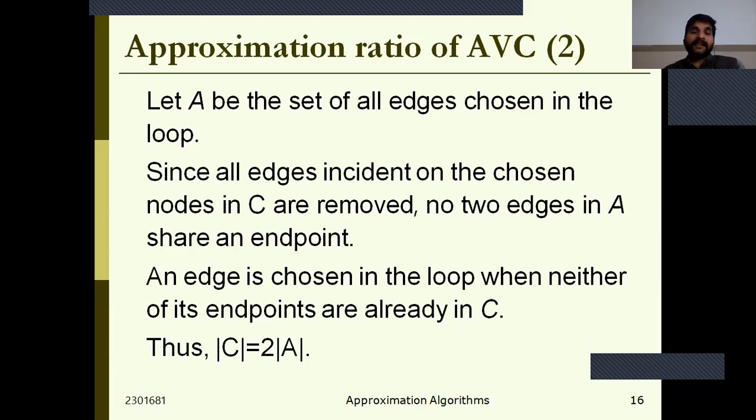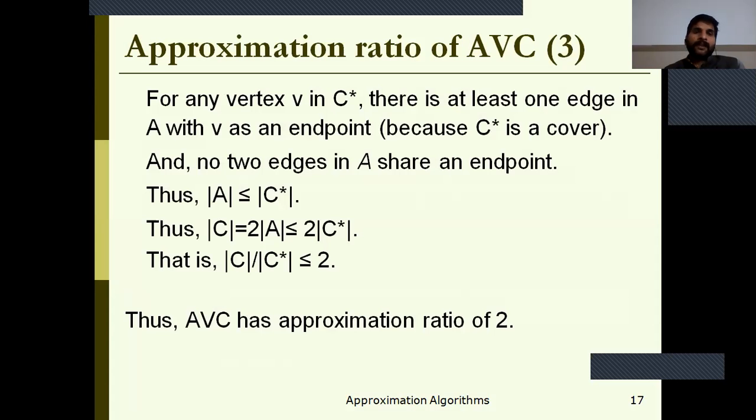Since all edges incident on the chosen nodes are removed, no two edges in A share an endpoint. But we choose only one vertex and cover all its edges and remove them from the graph. So the relation between approximation cost and optimal cost is that approximation cost equals 2 times the optimal cost, meaning C upon C star, approximation cost upon optimal cost, is equal to 2. So we can prove the theorem.